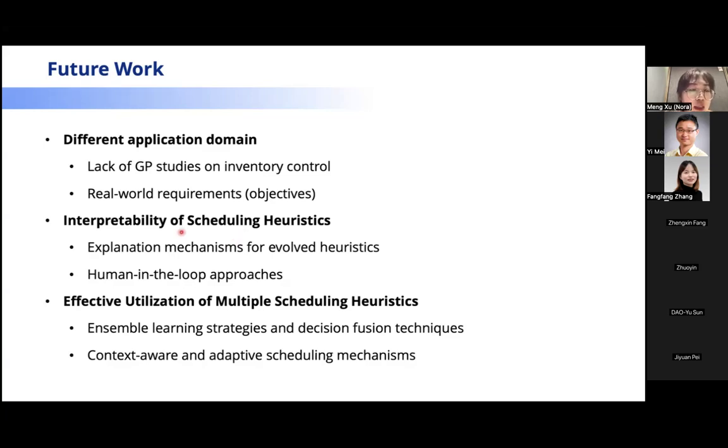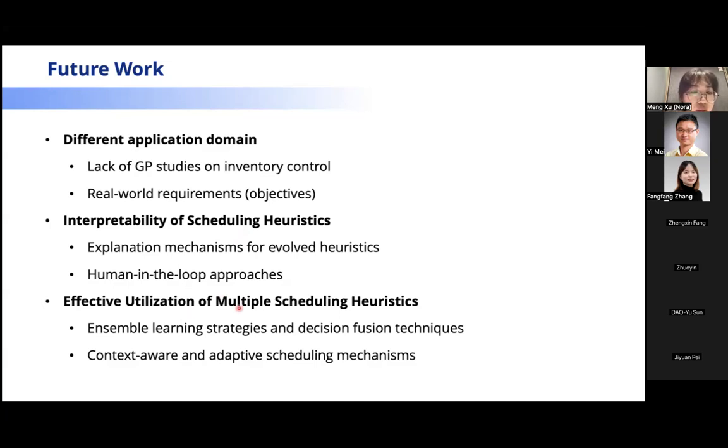So we still need some explanation mechanisms to explain the learned heuristics to users. And maybe we can consider a human-in-the-loop approach to improve the confidence of users in using this learned policy.